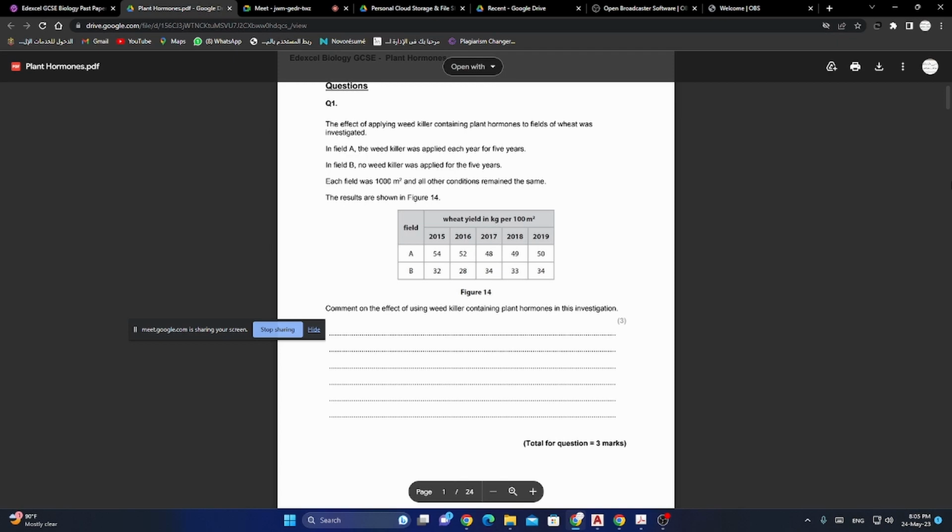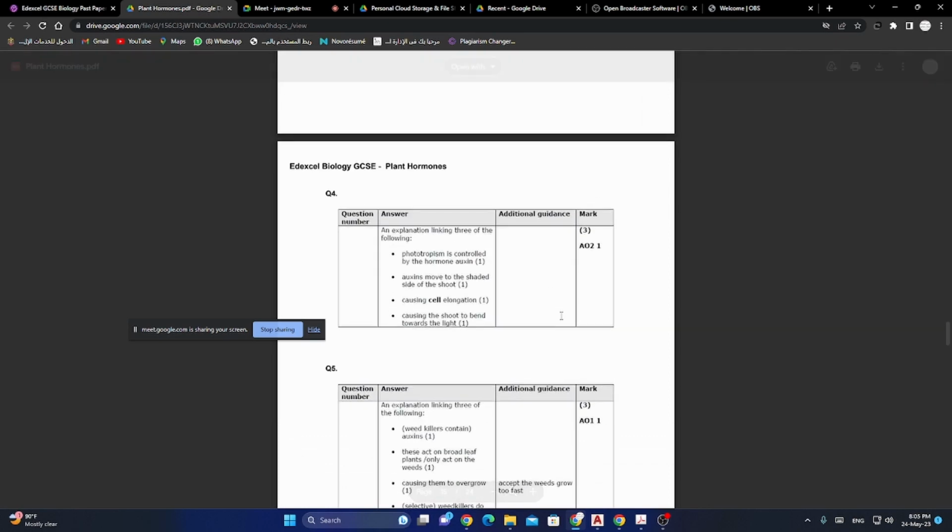Well, it killed the weeds, right? So there is less competition for nutrients and water with the wheat plants. So there is higher wheat yield in field A than field B, right? Let's just check the marking scheme just in case.